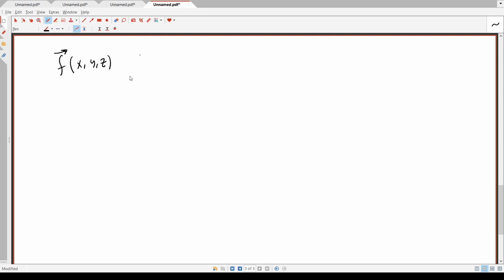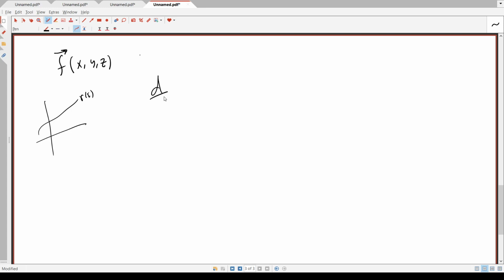And I want to find the derivative of this along some line. So I have some curve r of t, and I want to find the rate of change of this function as I move along this line.